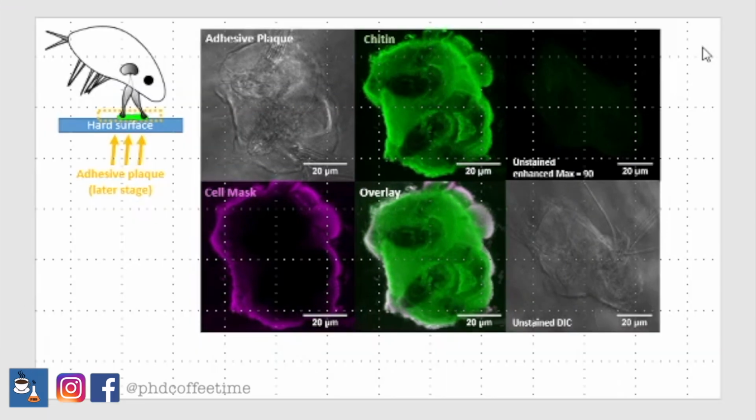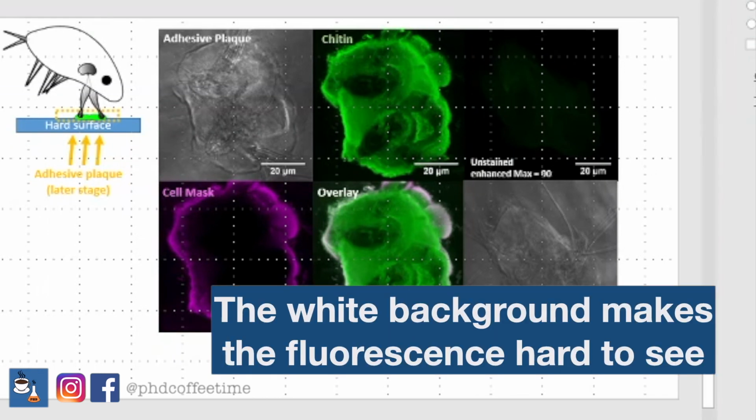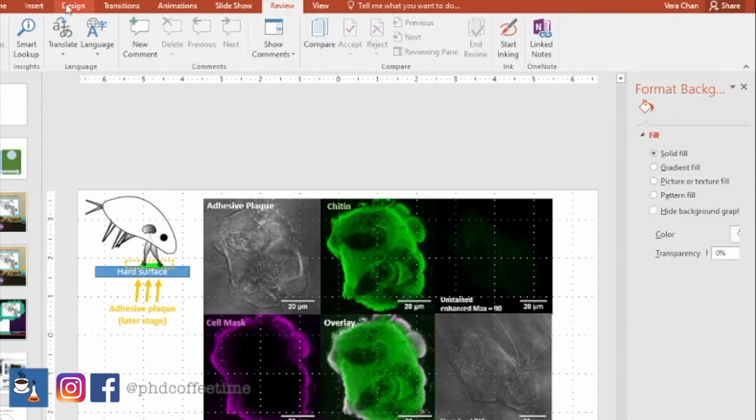Remember, we had this discussion on whether or not to use white or black background. And it was a general agreement in most of the academics that I have spoken to. They would prefer to use a white and light background to look more professional. However, when you are trying to show this type of microscope fluorescence that have dim color, you can just make those slides as a black background slide.